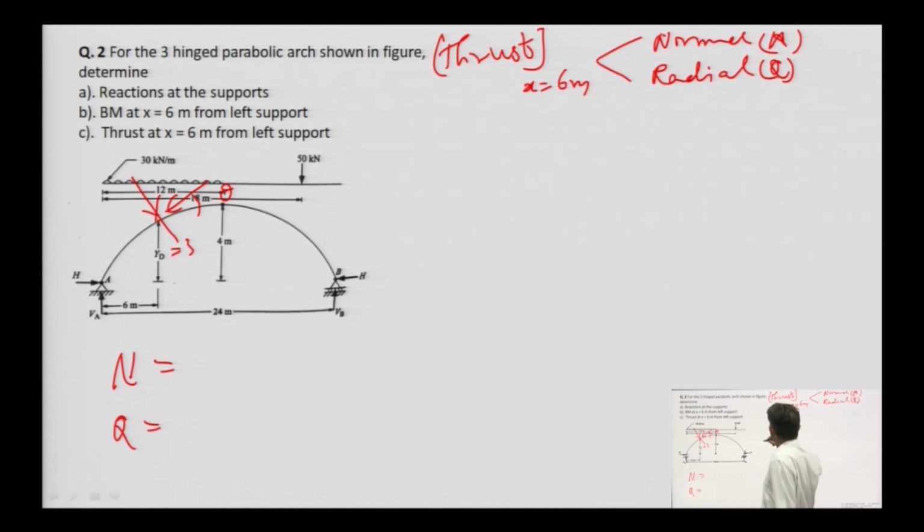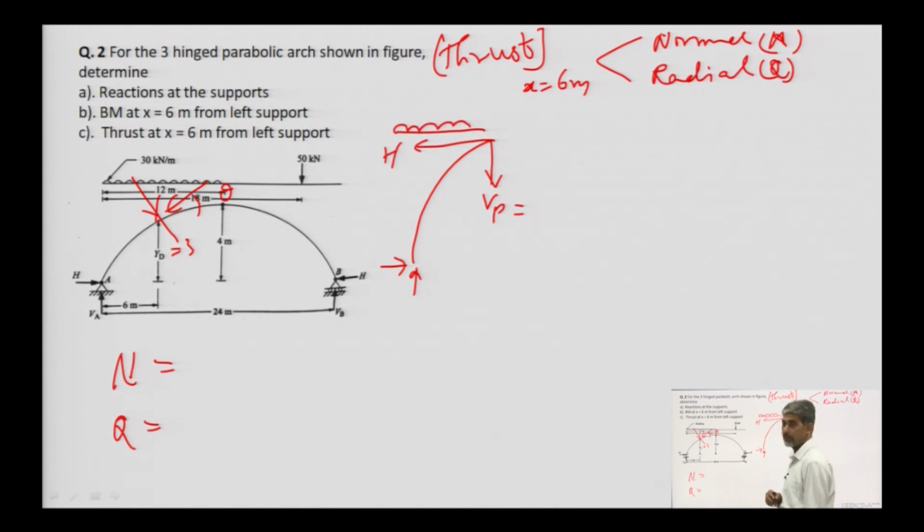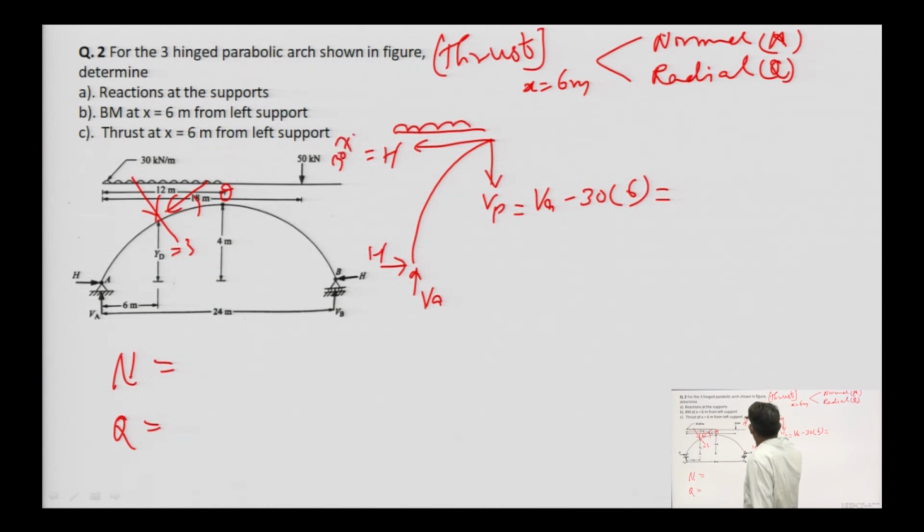Making the free body diagram, we have vertical reaction Vp, and this UDL, and here it is H. The value of Vp will be Va minus W, which is 30 into 6. And H is the same as 307.5.